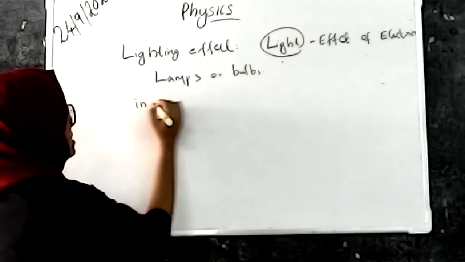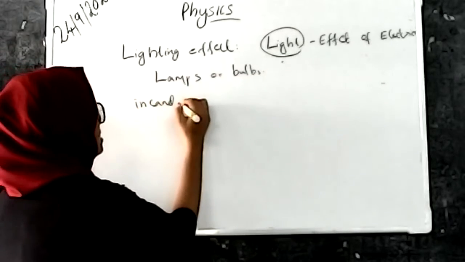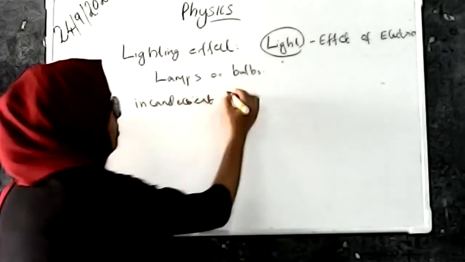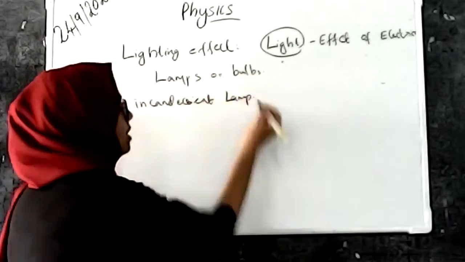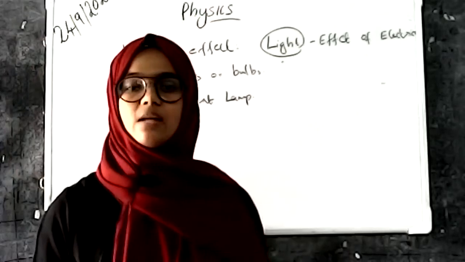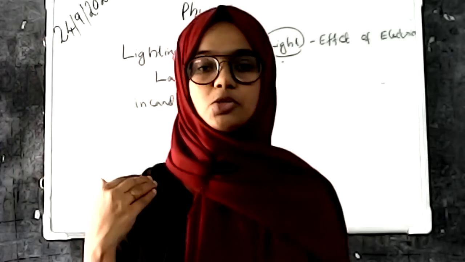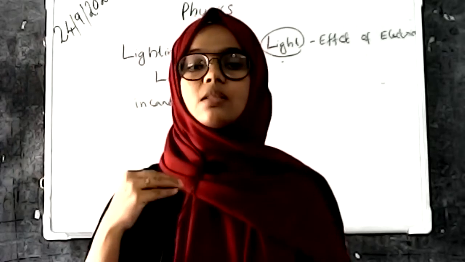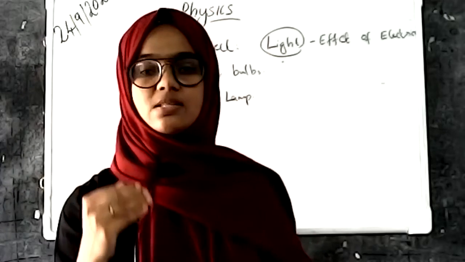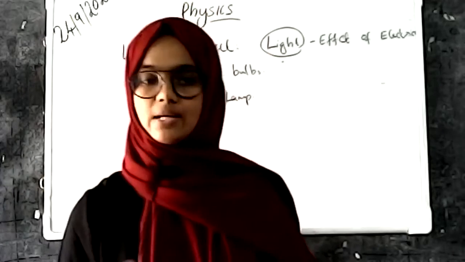What is an incandescent lamp? Incandescent lamps work under a specific or normal voltage, and when we apply electricity to an incandescent lamp, the tungsten filament becomes heated, and the heated tungsten filament gives white light.